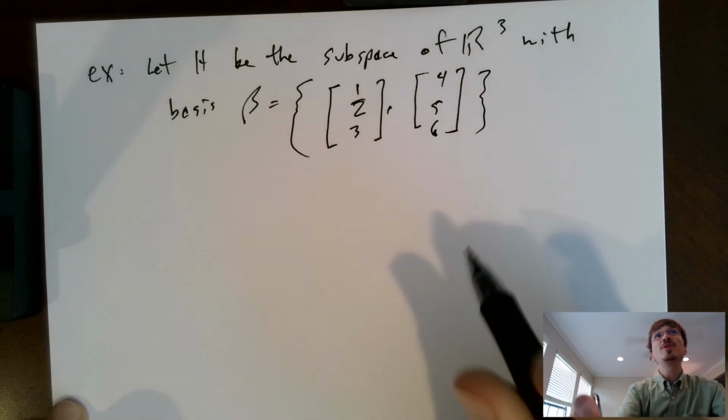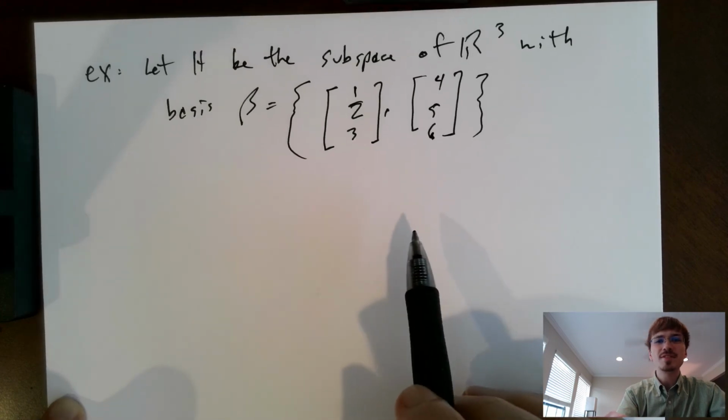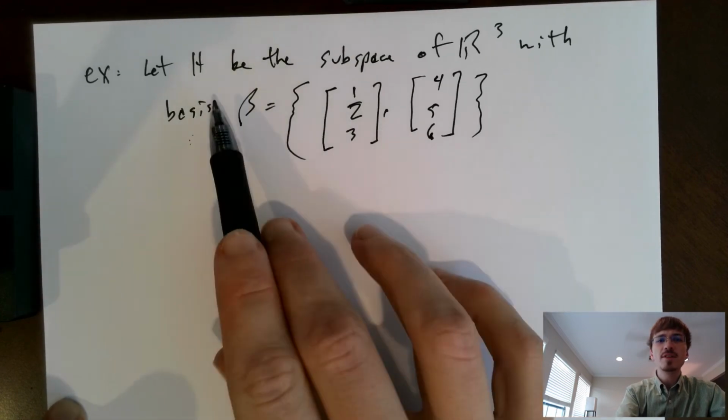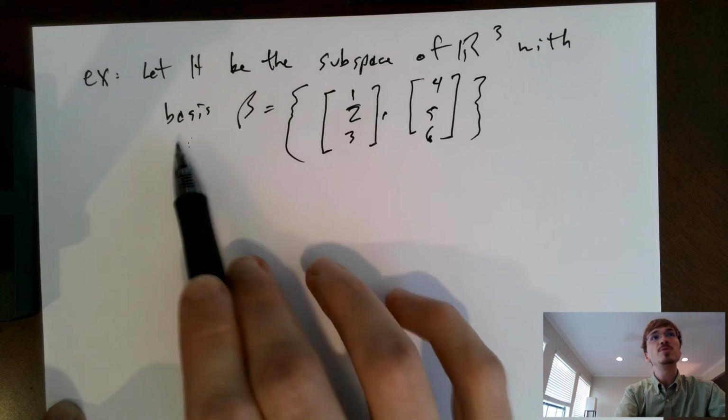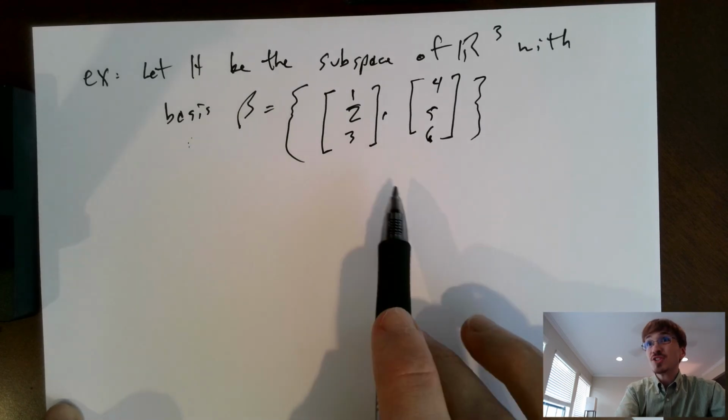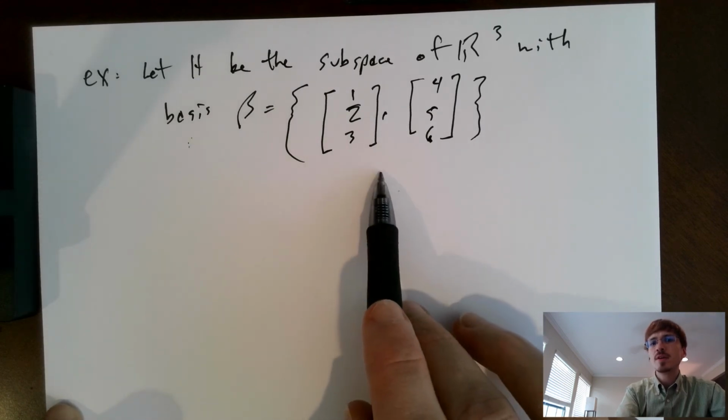Well, first, I've now written a set of vectors and I've claimed it's a basis. I've claimed that H is a subspace with basis given by these 2 vectors. Let's first make sure that it is a basis.